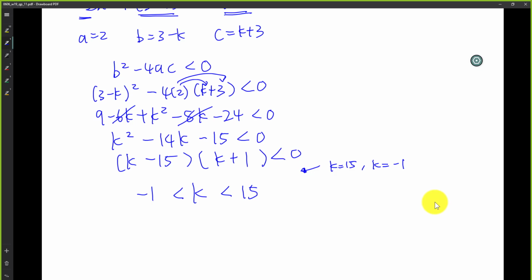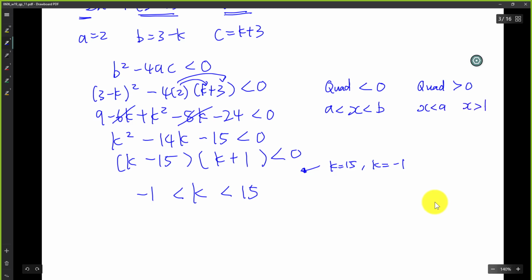And if you learn about quadratic inequality, you know when the quadratic expression here is less than 0, you must get something in between a and b. If the quadratic is bigger than 0, you will get something like x is less than a and x is bigger than b.